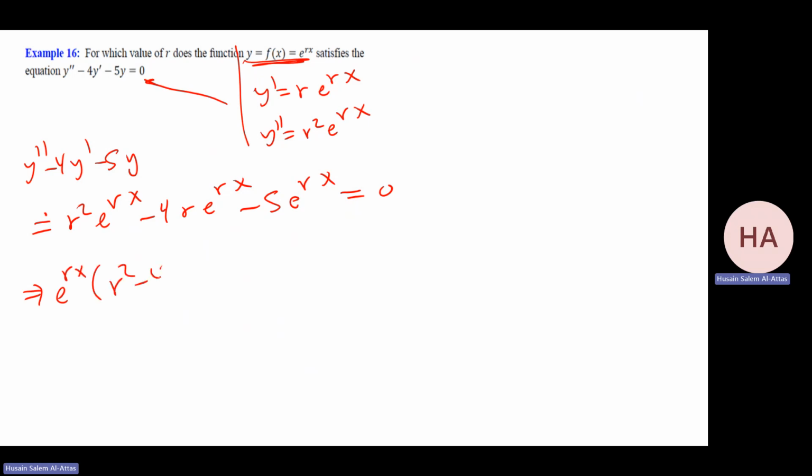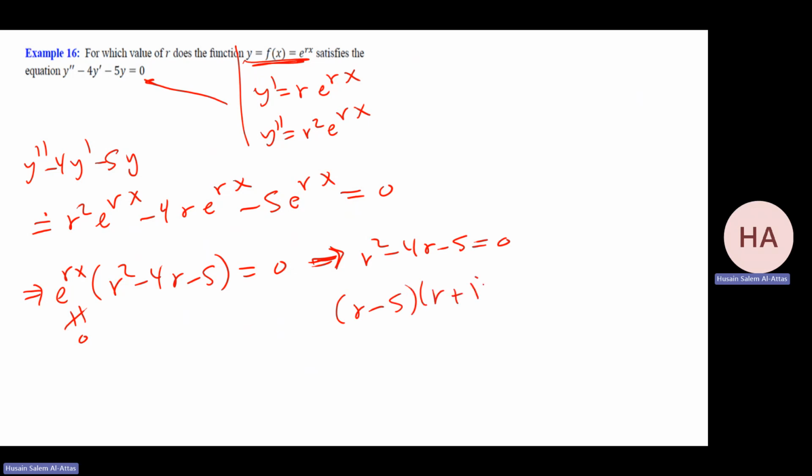I have r square minus 4r minus 5 equal to 0. e^rx is impossible to be 0, and the only possibility is that r square minus 4r minus 5 equal to 0, which means r minus 5 times r plus 1 equal to 0. So we have r equal 5 or r equal minus 1.